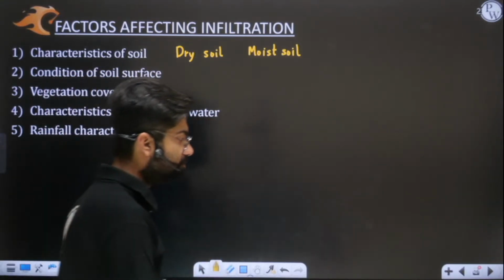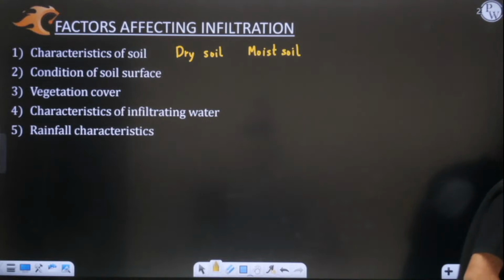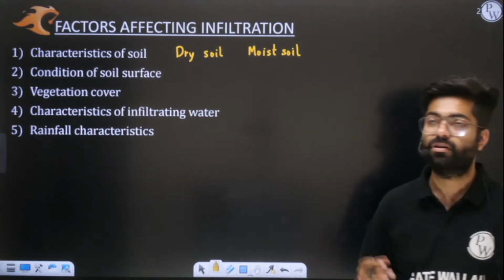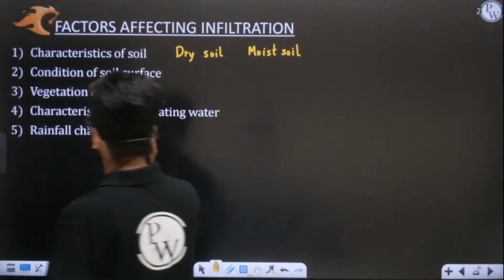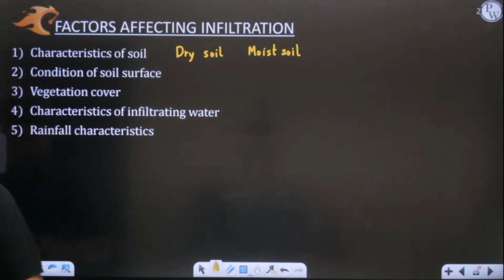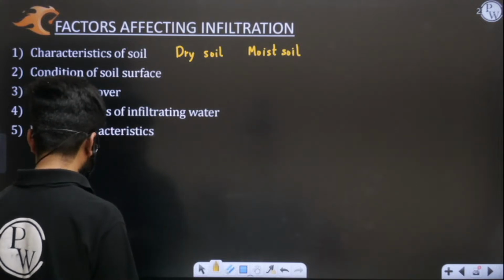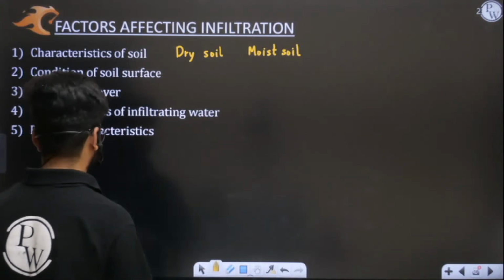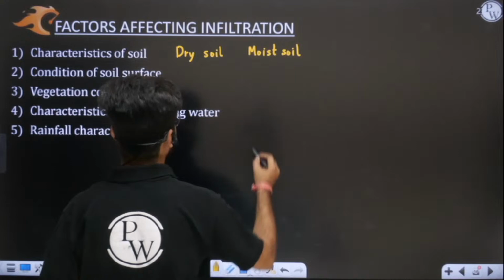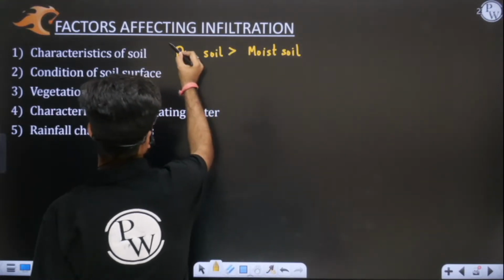Can you guess? It's very simple. Obviously the soil which is dry will experience more infiltration. Yes or no? Perfect, great. You are guessing it absolutely correct. This is the first case.